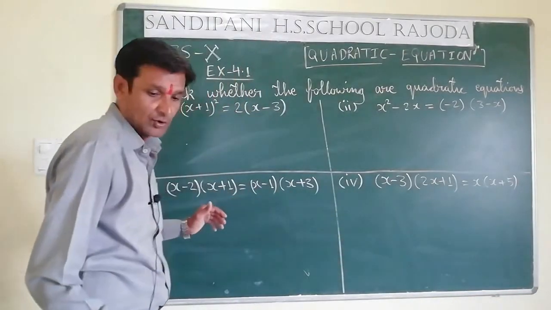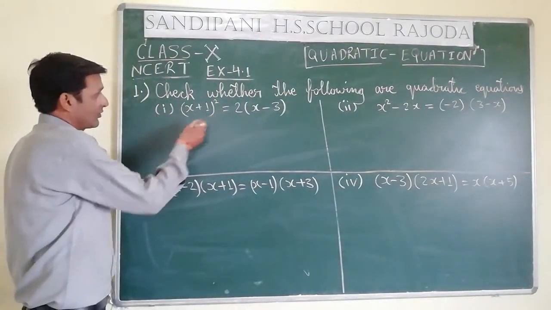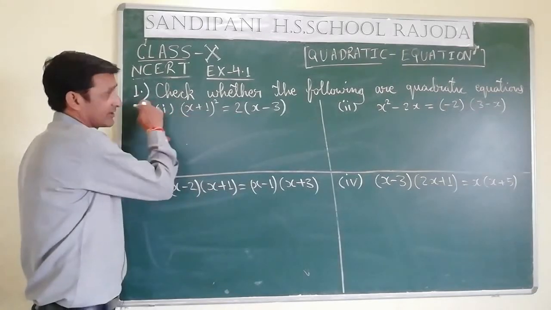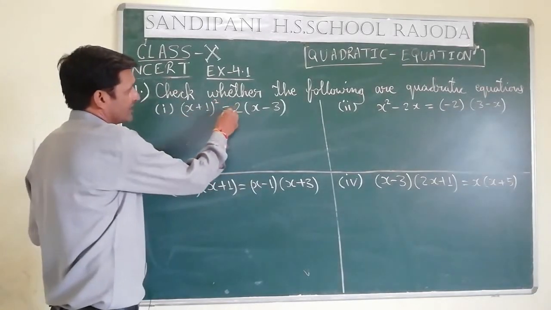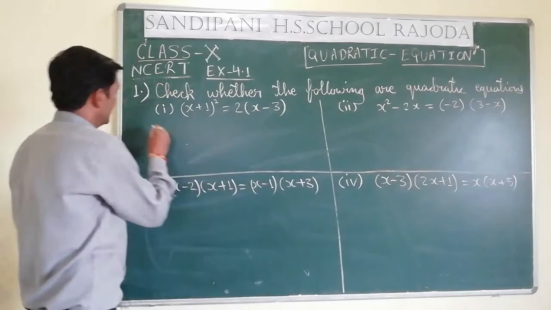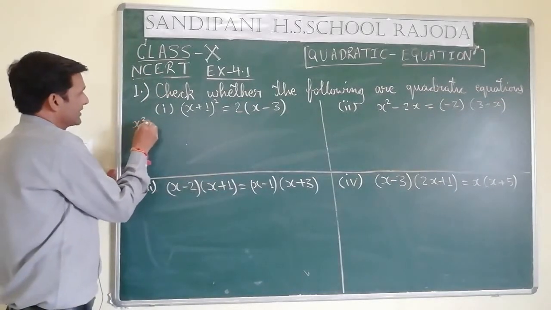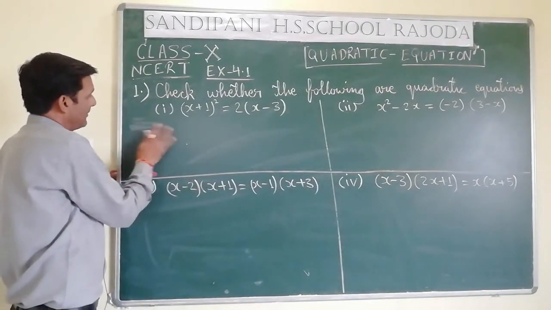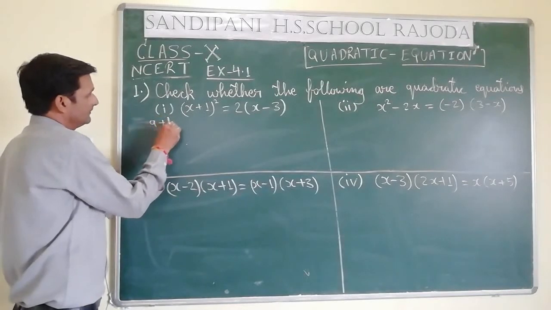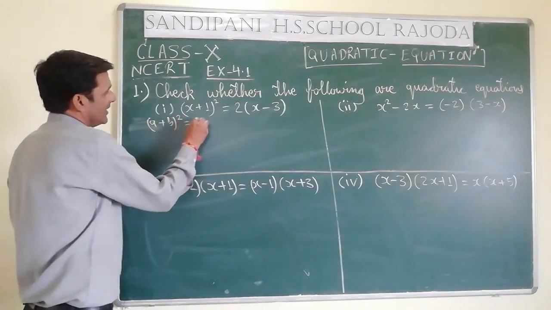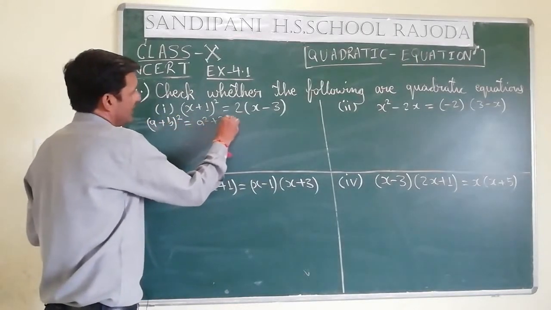So, our first question is x plus 1 whole square is equal to 2 into x minus 3. We may write here (a plus b) whole square is equal to a square plus 2ab plus b square.